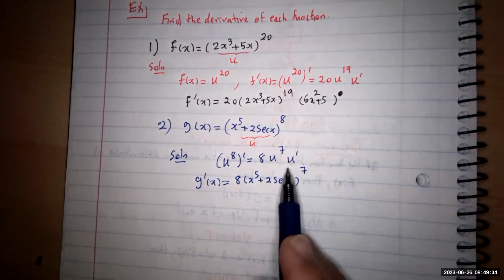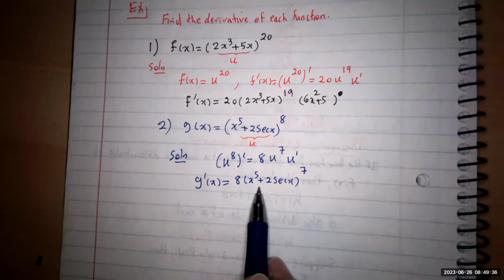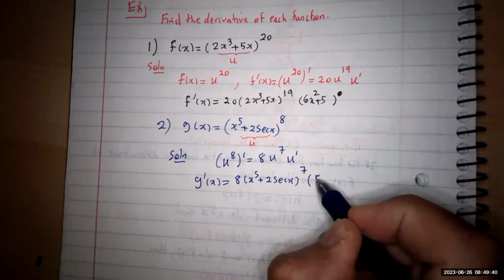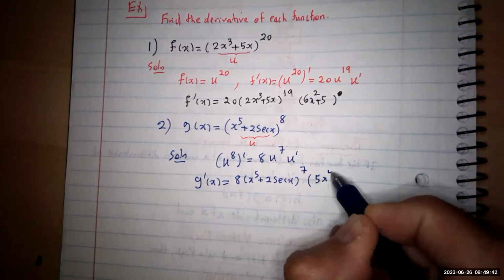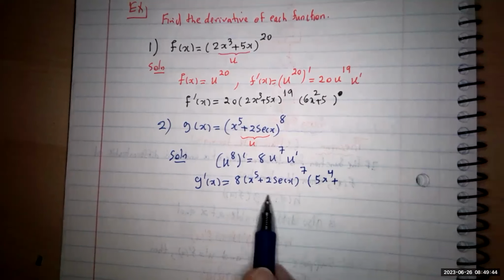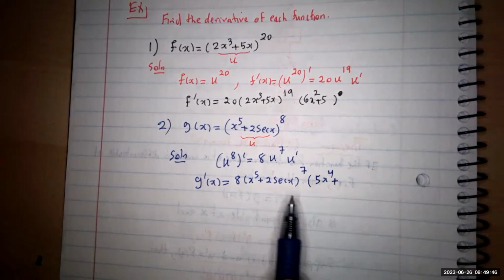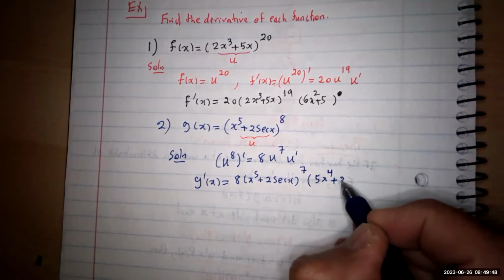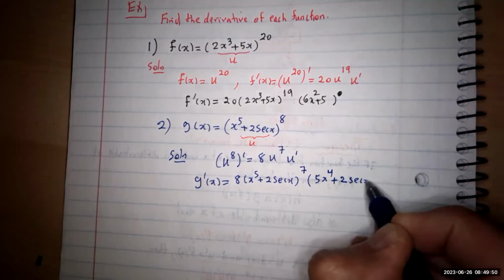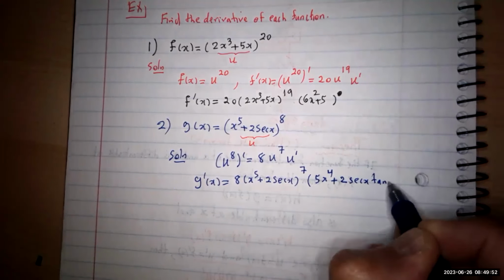But times u prime. Derivative of the inside. Derivative of x to the 5th would be 5x to the 4th. It's going to be plus 2 times derivative of secant, 2 times secant of x, tangent of x.